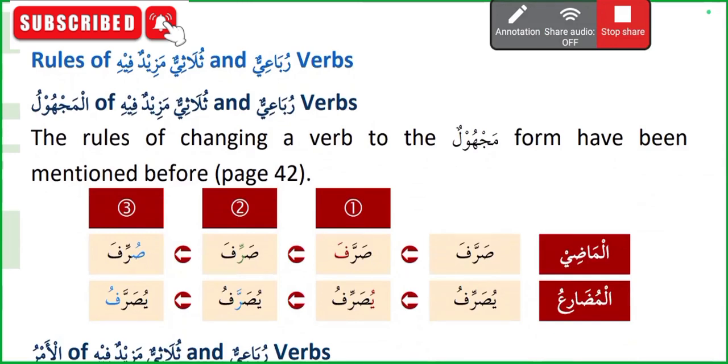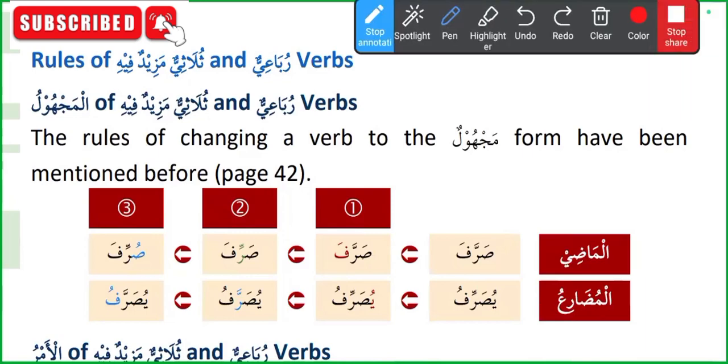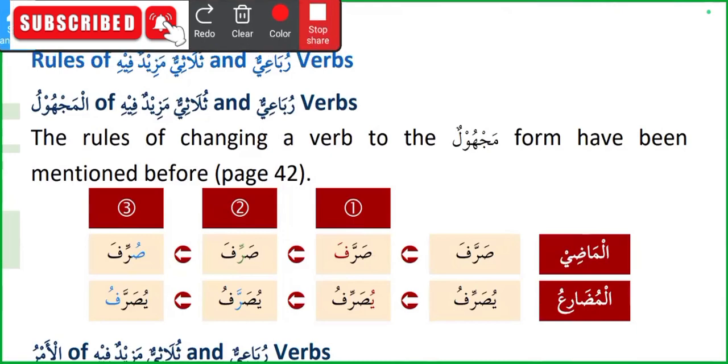So when we have sarrafa, we change it to surrifa. And in fi'l mudari, yusarrifu changes to yusarrafu. The dhamma at the beginning does not change in fi'l mudari, because you can notice that in bab taf'il, the fi'l mudari starts with the dhamma. It's yusarrifu, not yasarrifu.